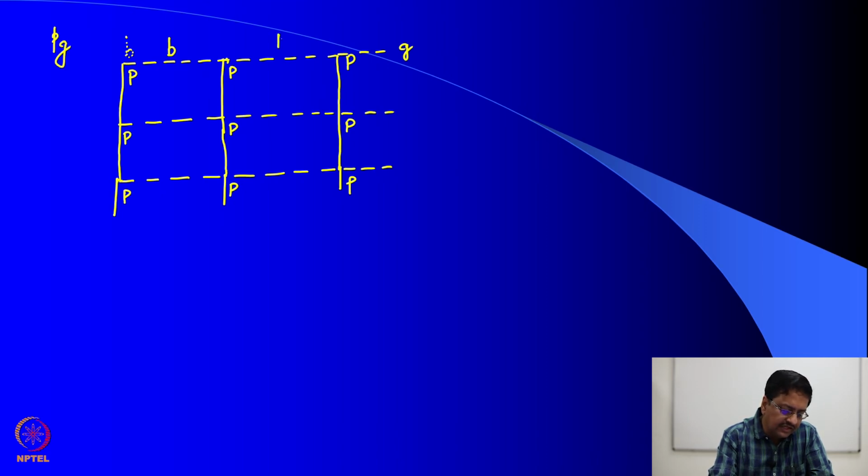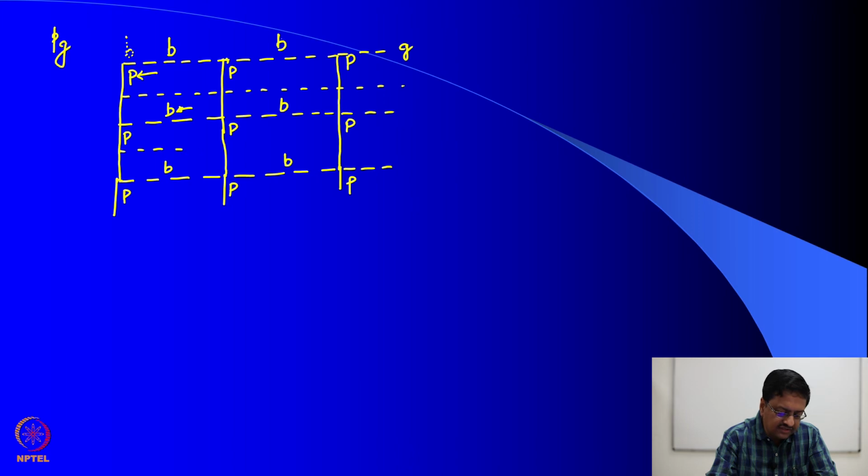Similarly, you have the glide related objects here and the glide related objects there. So now what is the relationship between this object and that object? Once again, these two objects are also related by a glide here.